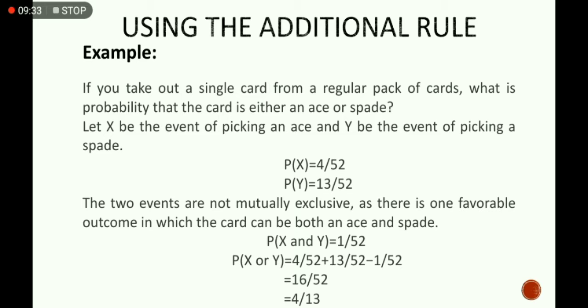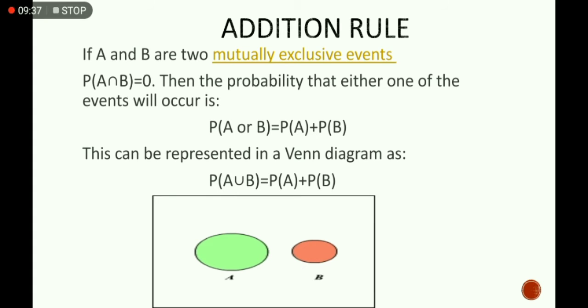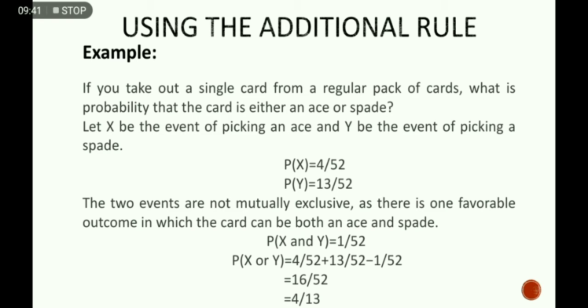So, by using the formula dito, probability of X or Y is equal to 4 over 52 plus 13 over 52 minus 1 over 52.